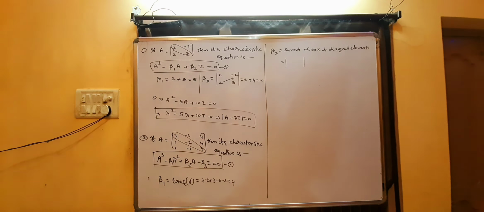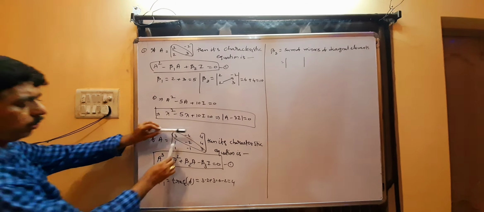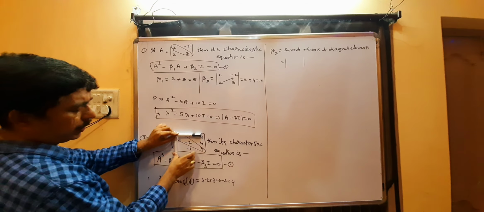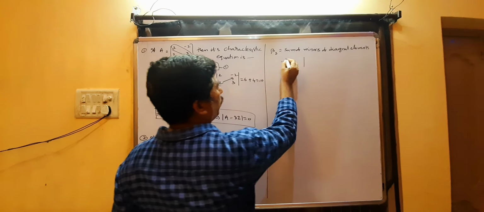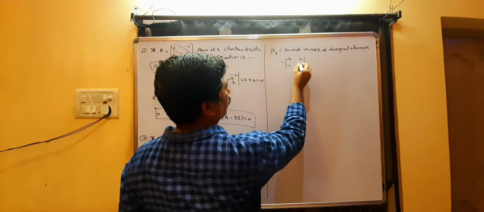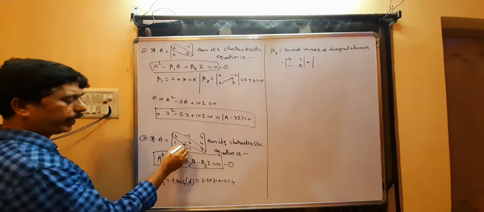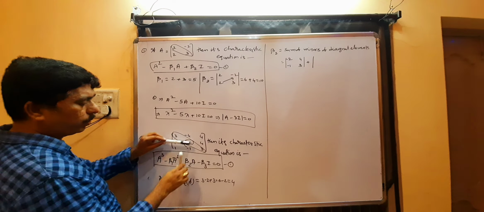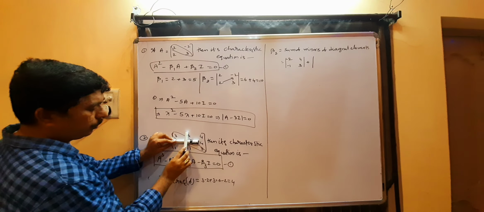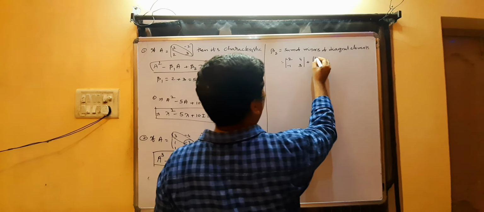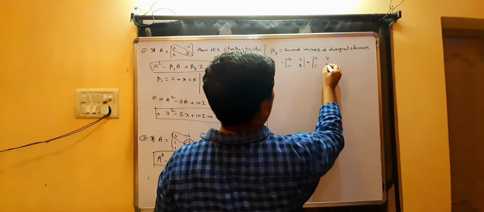To find the minor of 3, close the corresponding row and column. The remaining elements are 2, minus 2, 4, minus 1, 3. Plus the minor of the second row, second element: close the second row, second column. The remaining are 3, 4, 1, 3.